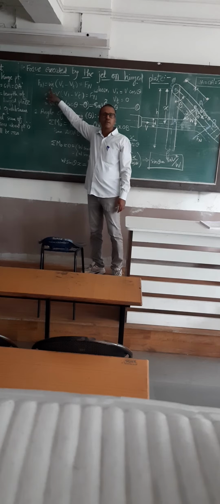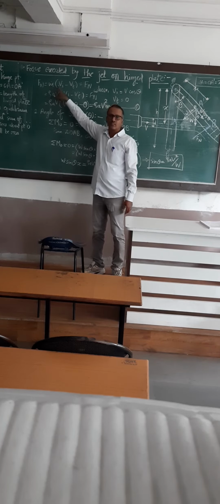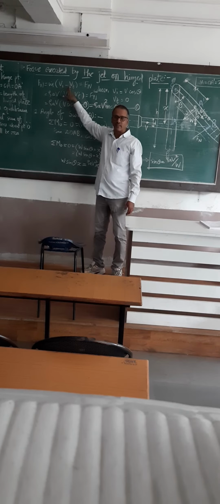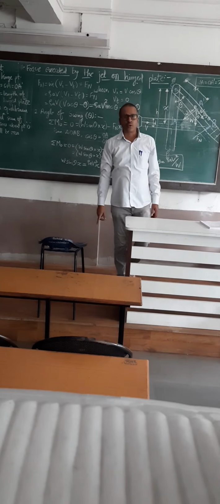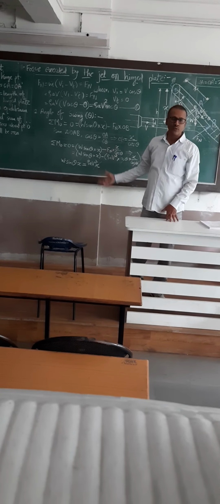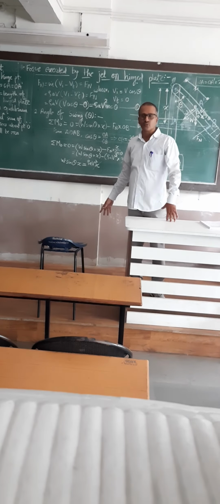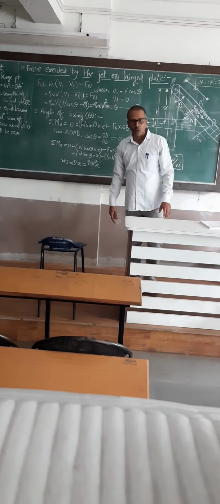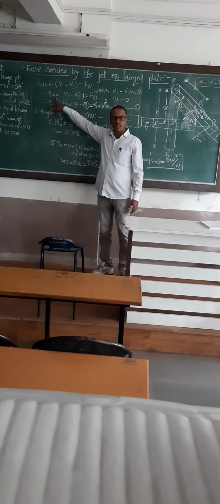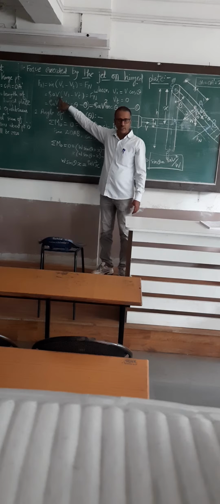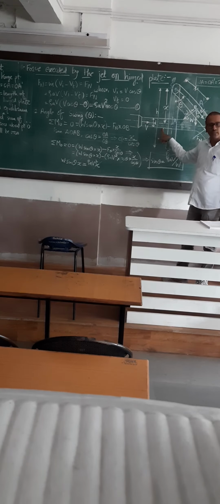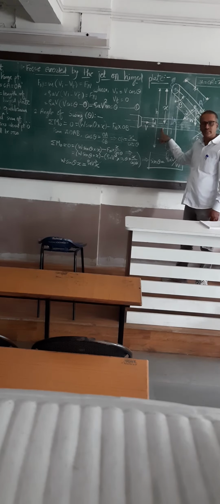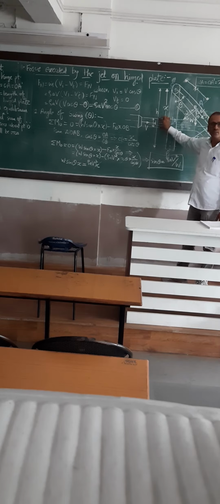M dot is the mass flow rate, which is equal to rho into Q, where rho is the density of the fluid. Here we are using water as the fluid, so we take the density of water. Q is the discharge, that is area into velocity, where A is the area of the jet, which is pi by 4 d square, and d is the diameter of the jet.